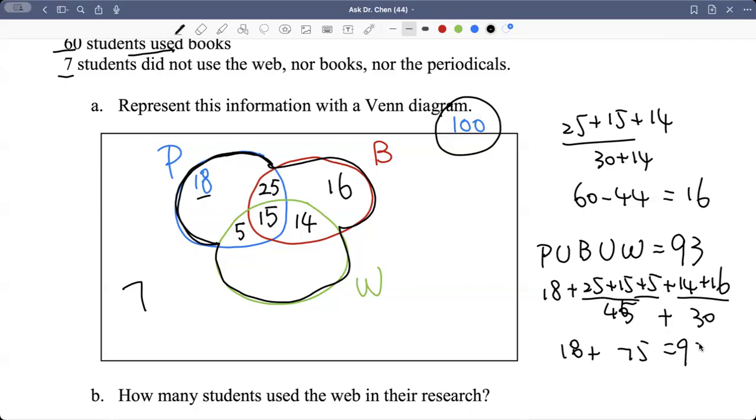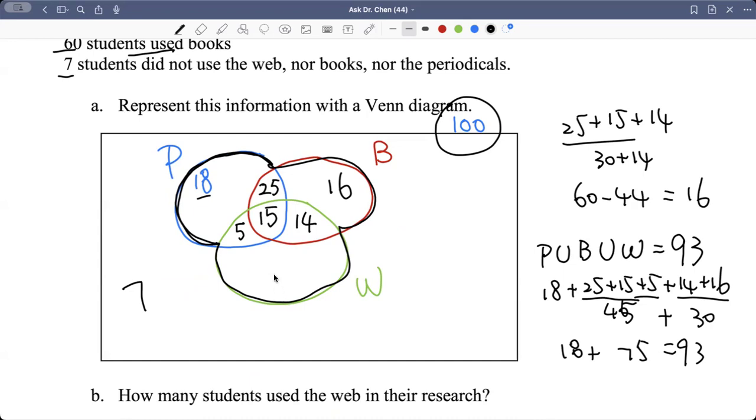I have 93. Oh, something's wrong. Let's check the numbers again. We have 18 plus 40, this is 30, this is 70, 75. 75 plus 18: 10 plus 70 is 80, then 8 plus 5 is 13, that's 93. So it adds up to 93. Oh, that's right.